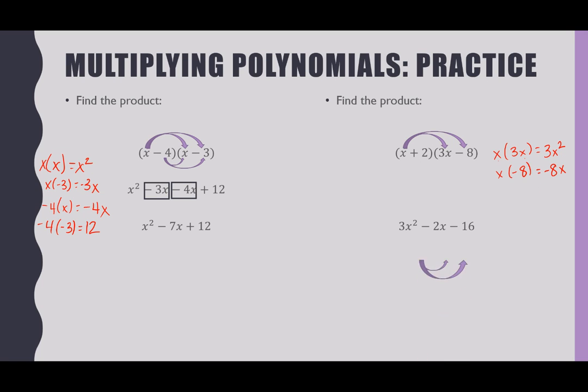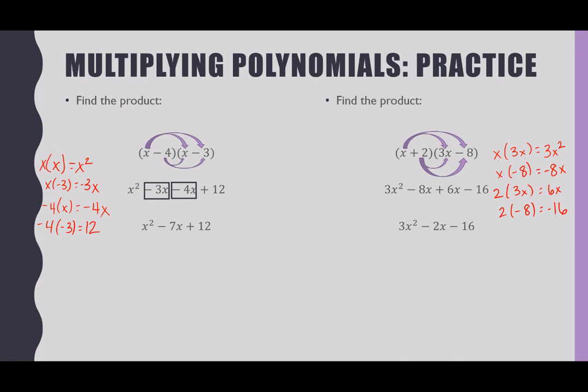Okay, then distribute the positive 2 to both terms in your second set of parentheses such that you have 2 times 3x, which results in 6x, and 2 times negative 8, which results in negative 16.